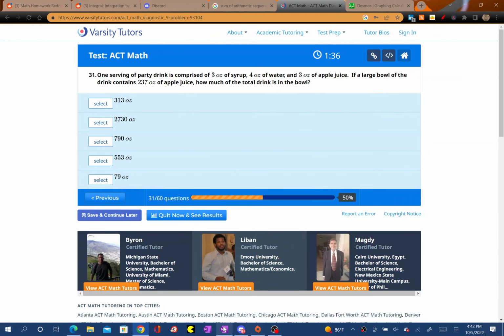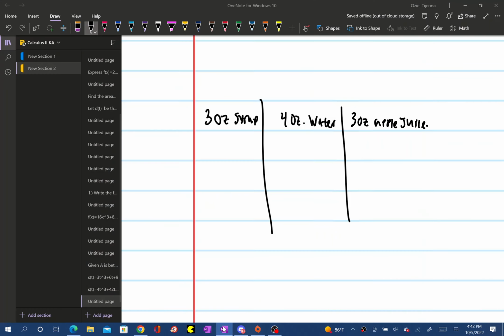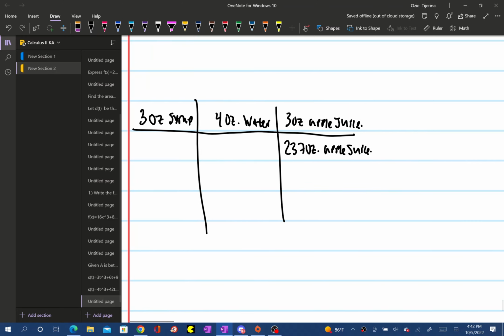And then it says a large bowl of the drink contains 237 ounces of apple juice. So if I do 237 divided by 3, that's about 79, so times 79.